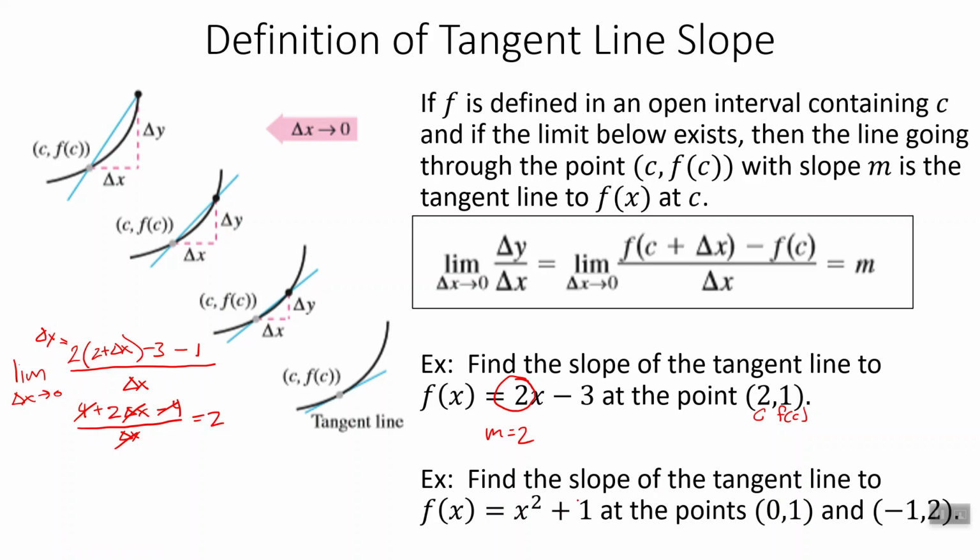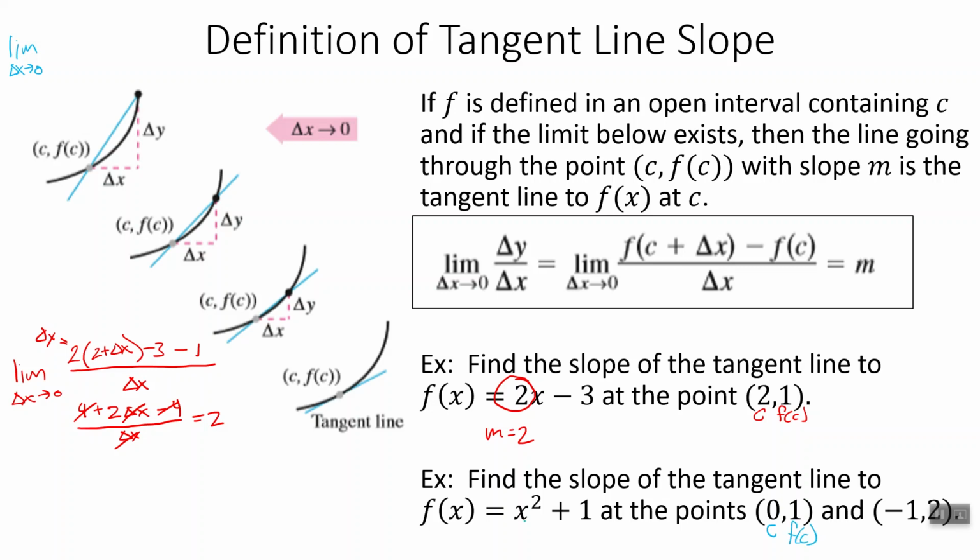Find the slope of a tangent line to f(x) = x squared plus 1 at the point (0, 1), and then at the point (negative 1, 2). Let's just do the (0, 1), because I don't know if we're going to have room to fit everything in here. Let's change to blue, and go up here with it. The limit as delta x goes to 0 of this function, where our c is 0 and our f(c) is 1.